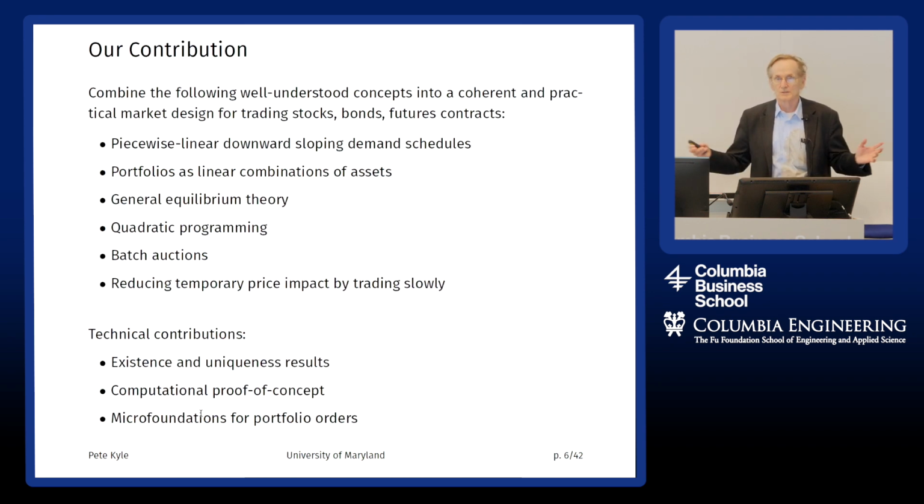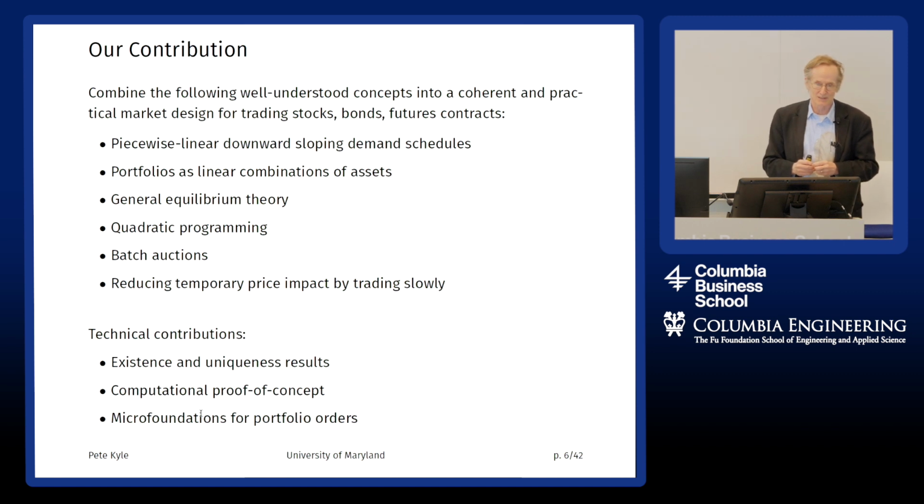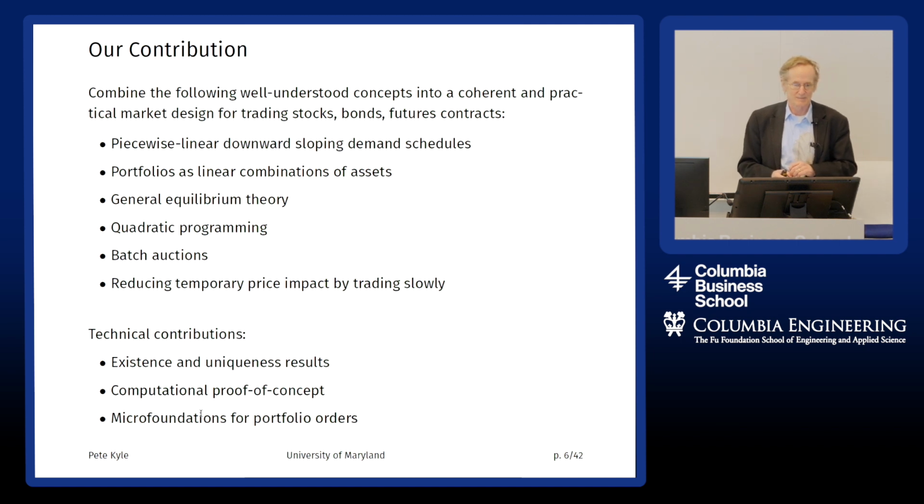Okay, so what we're doing is combining a bunch of fairly simplistic ideas that seem kind of obvious, but hopefully combining the ingredients in a way that they haven't been combined before gets something that's practically useful and interesting. We're combining piecewise linear downward sloping demand schedules with portfolios as linear combinations of assets, with the flavor of general equilibrium theory from economics. Haven't talked about it yet, but I'll talk about it some more.